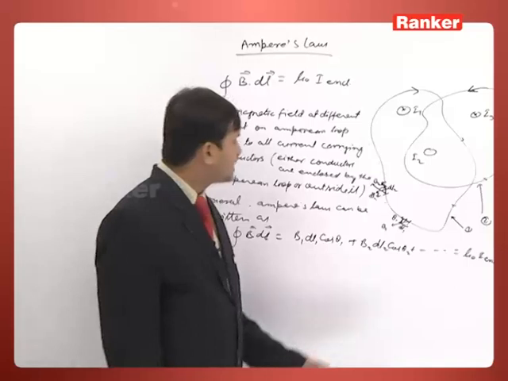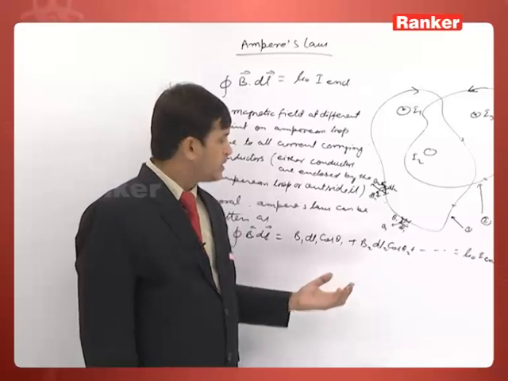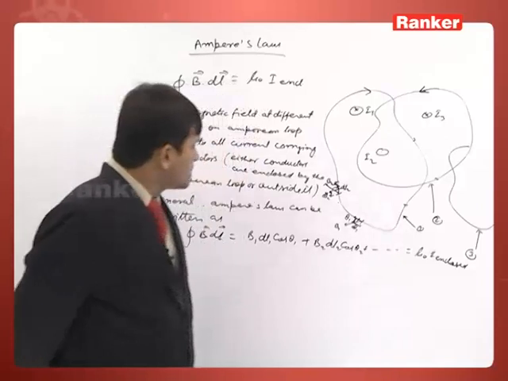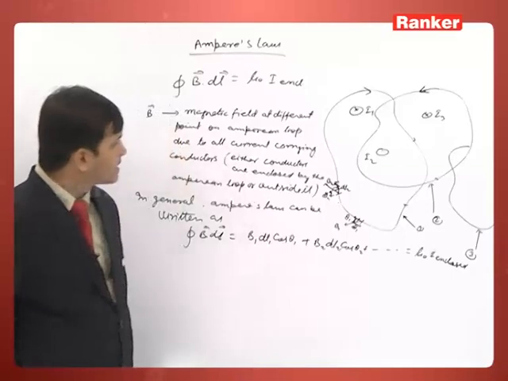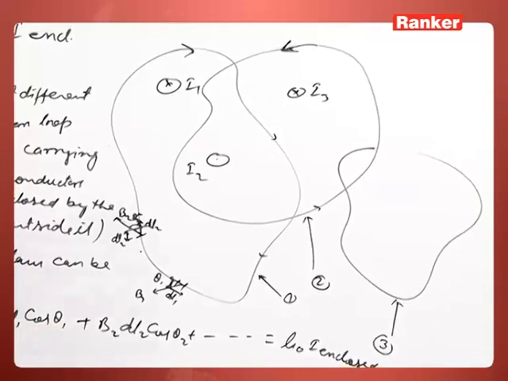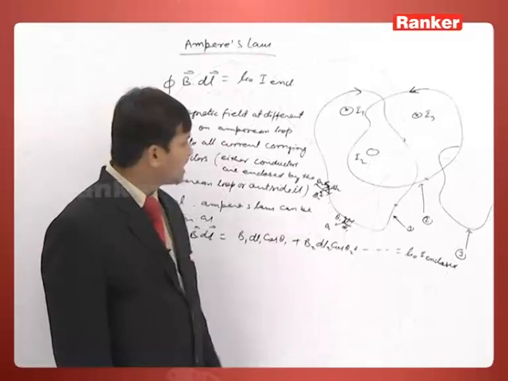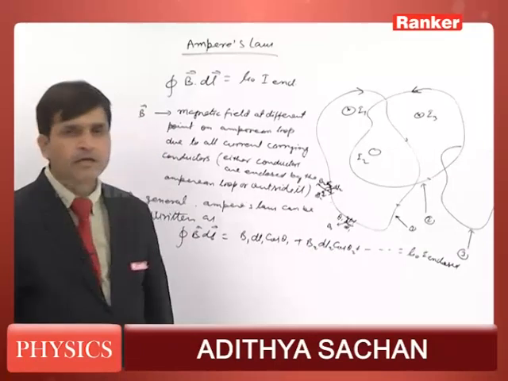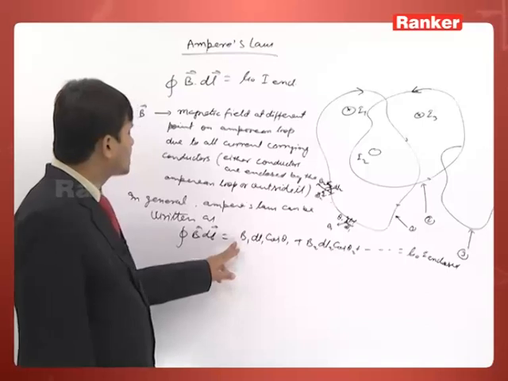If we are able to make a loop which is symmetrical about the current carrying conductors, then at every point on the loop the magnetic field can be equal in magnitude, and if we can make a direction in which theta is 0 everywhere, it will be easy for us to calculate the magnetic field.